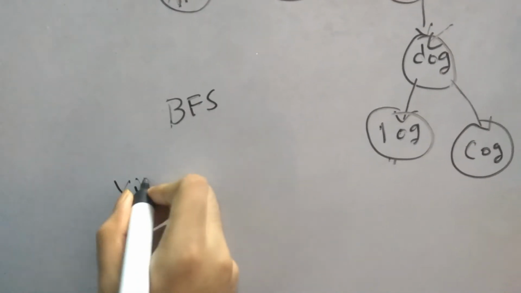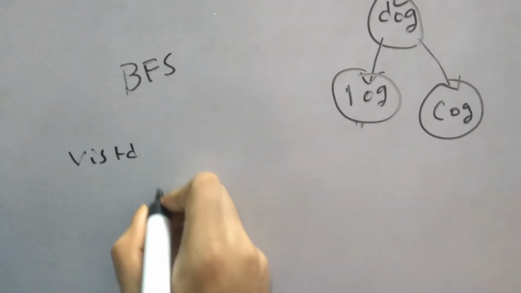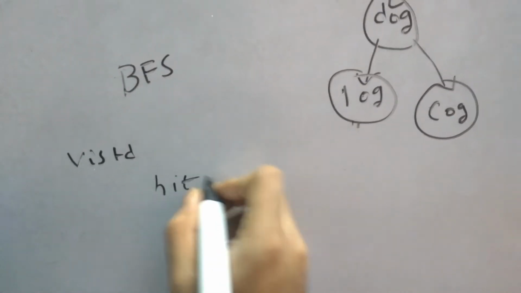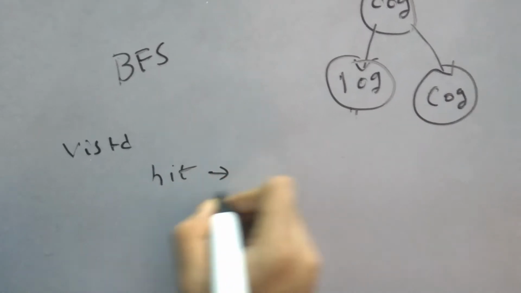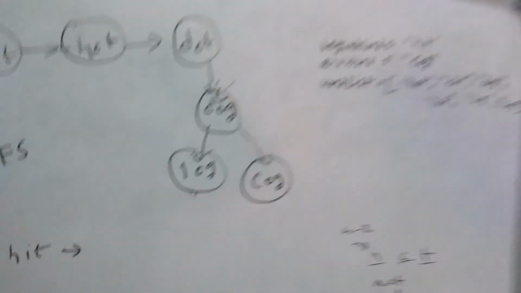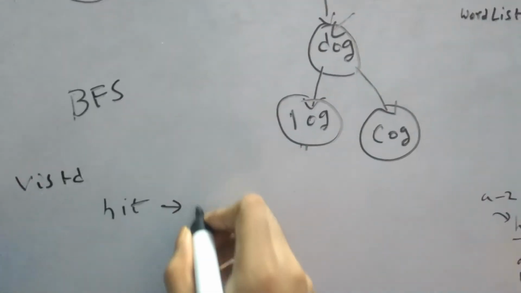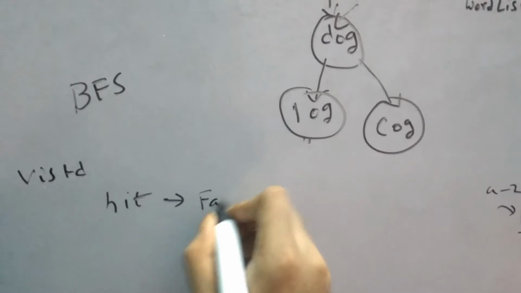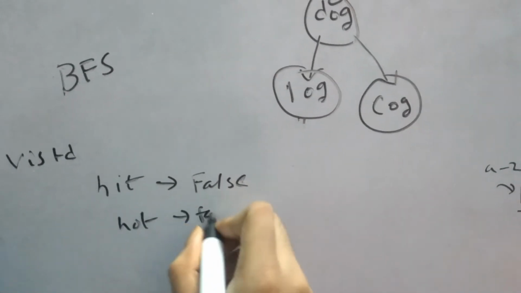This visited hash map will keep track of whichever nodes are visited. First of all, all the nodes in the word list will be false. Like hit, first of all, it will be false. Then hot will be false, and so on. So all of them will be false.